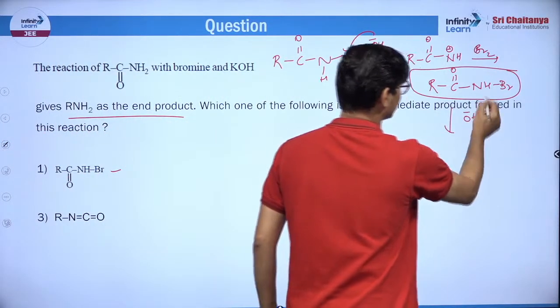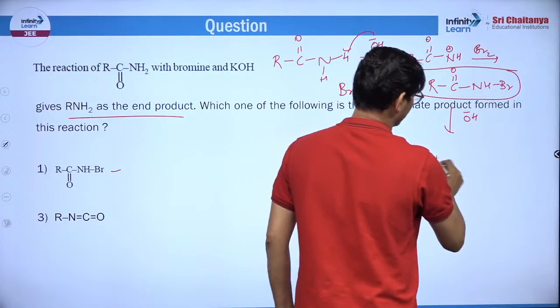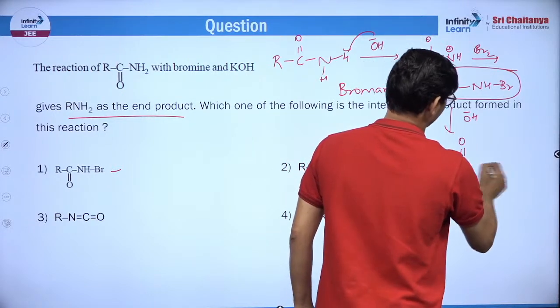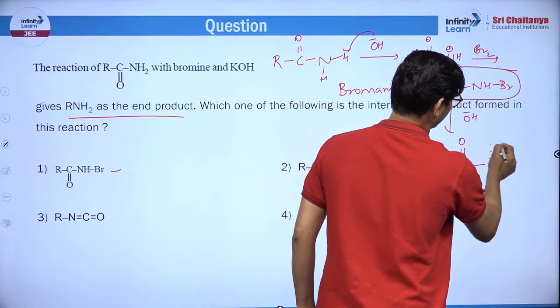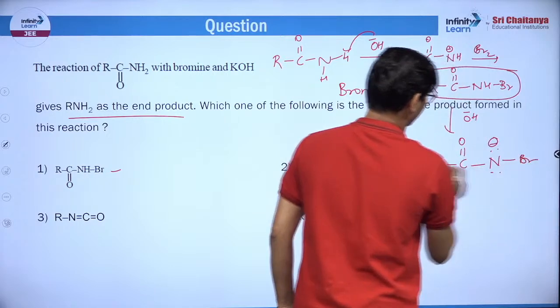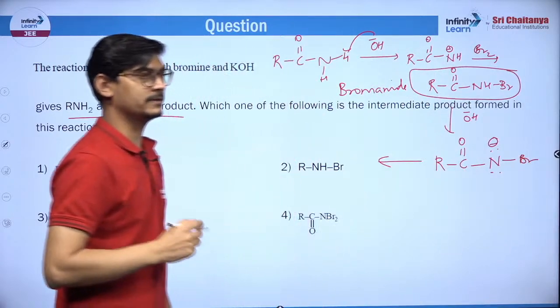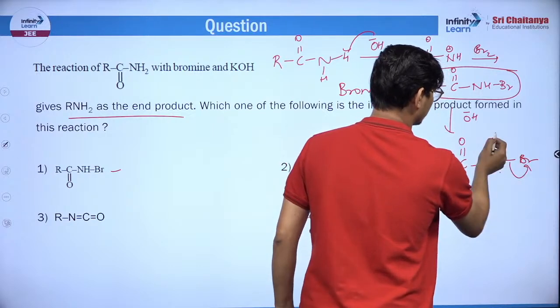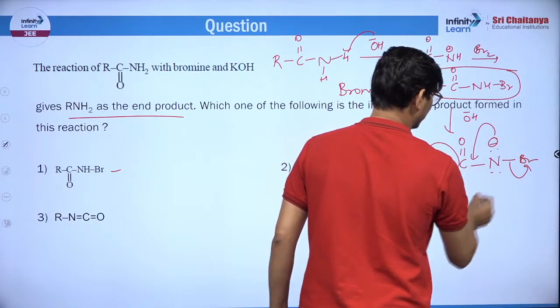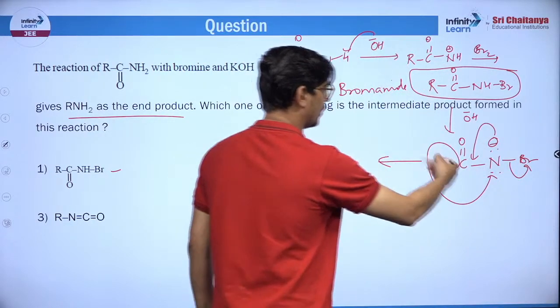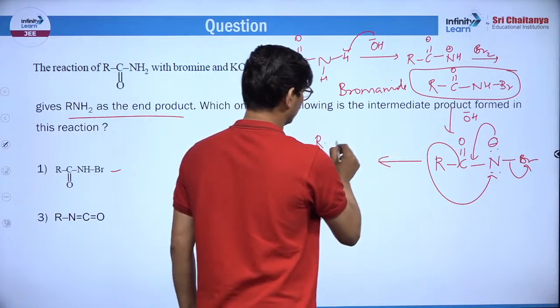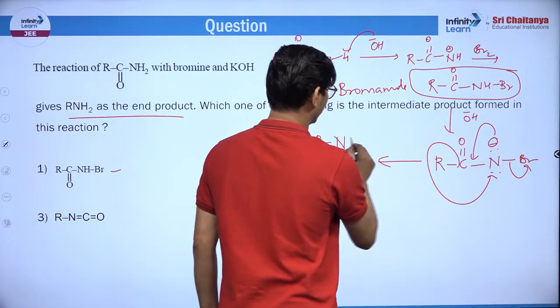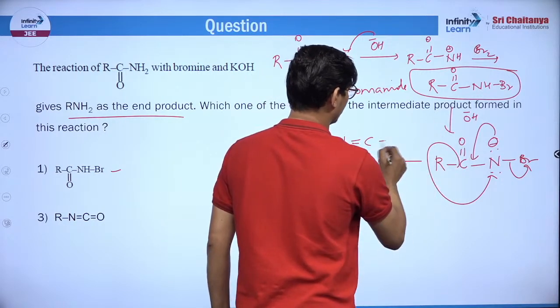It reacts with base, the H plus is taken away. Then you have this, okay. Then the next step is a concerted step. Bromide leaves, electron pair shifts, and the alkyl group migrates, okay. So now R is joined to nitrogen, which is doubly bonded to carbon, which is doubly bonded to oxygen.